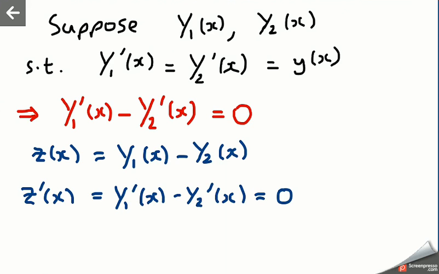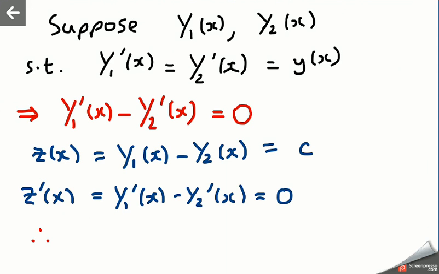And that tells me that z of x must actually be equal to some constant c. Because if you differentiate a function and it's equal to 0, then that function is not changing as x changes. So it's equal to a constant.